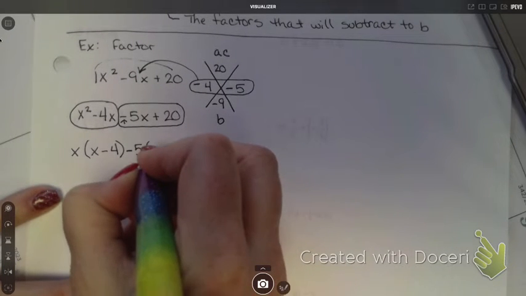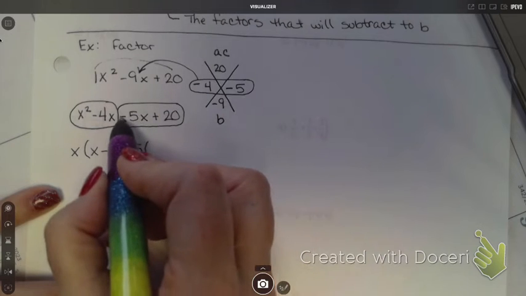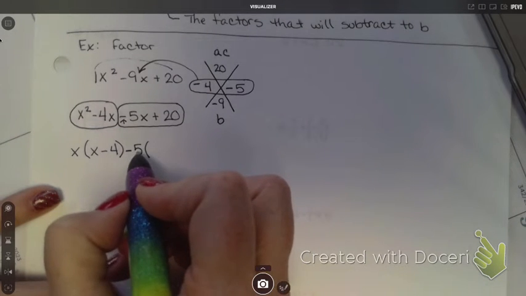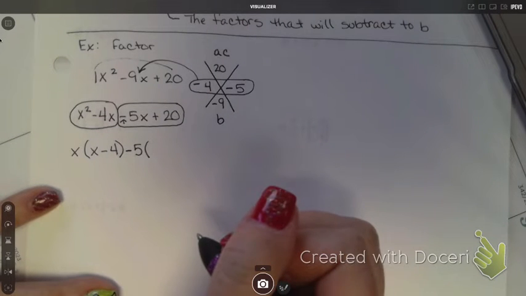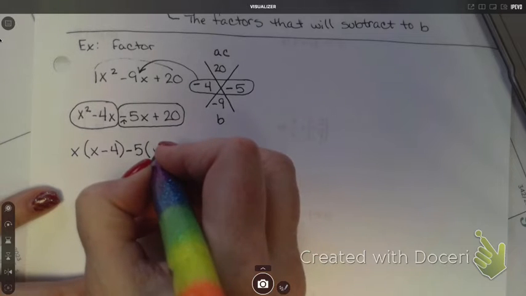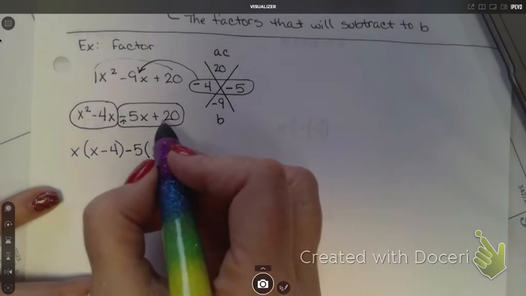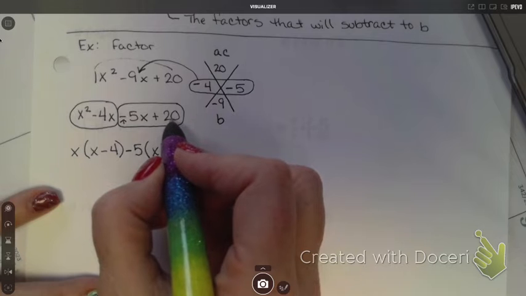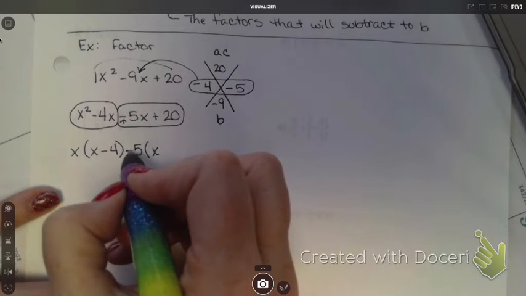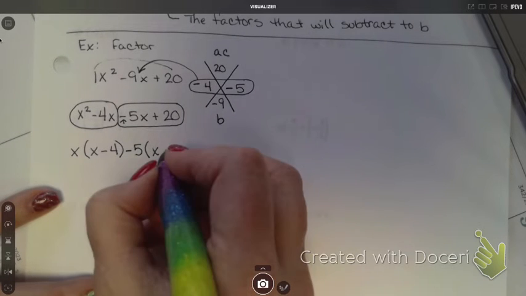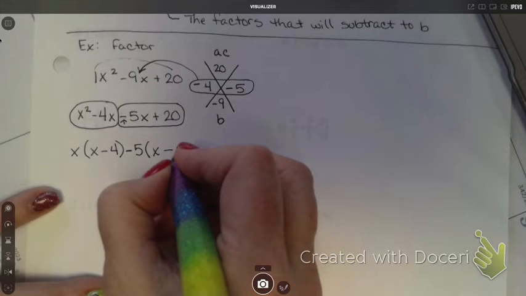So when I factor out a negative 5, negative 5x divided by negative 5 just gives me what? X. Then we have positive 20 divided by negative 5, so it's going to be a negative, and it's going to be 4.